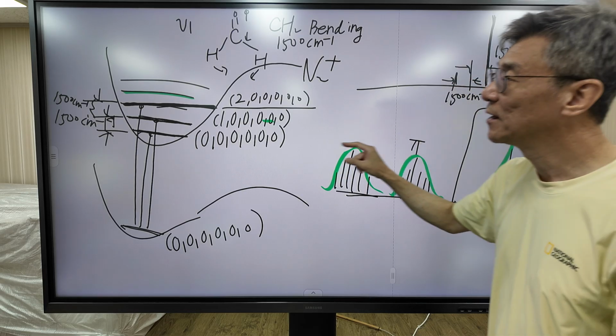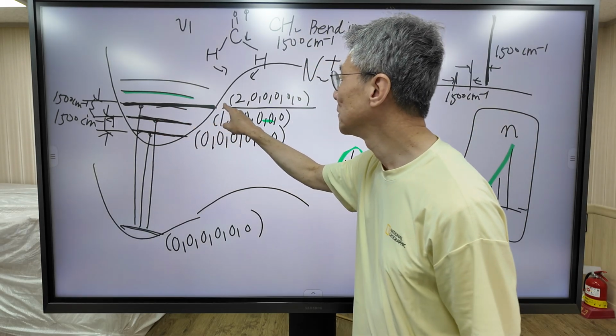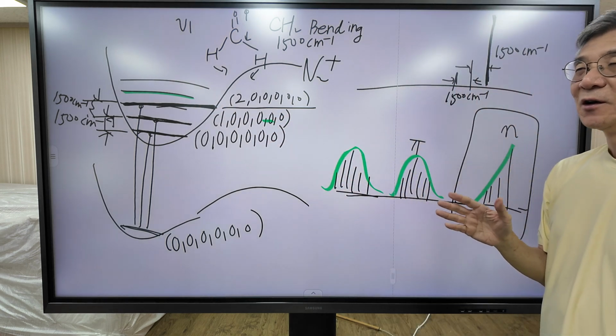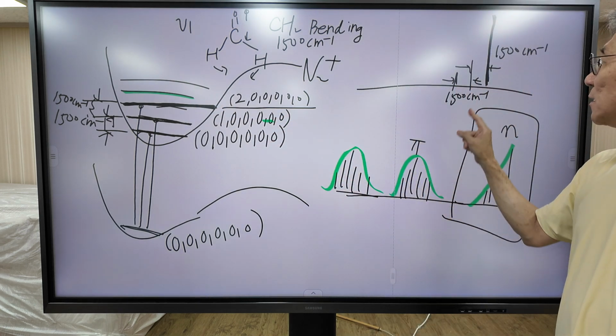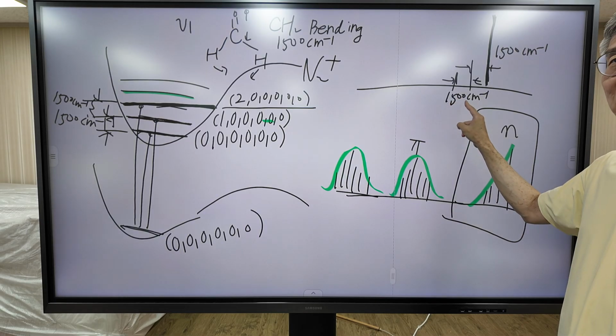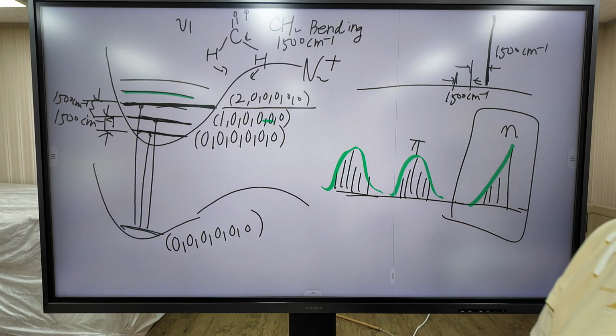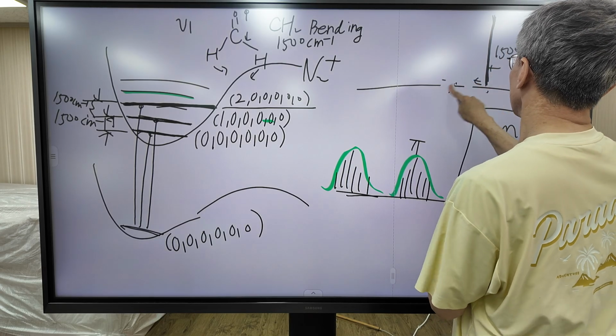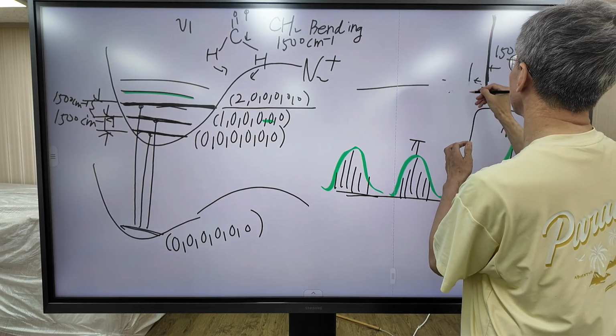If we assume that the vibrational quantum number of this one is this, but according to experimental observation, this is not 1500 wave number. The actual vibrational spacing is only 200 wave number.